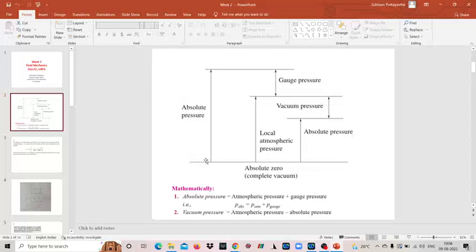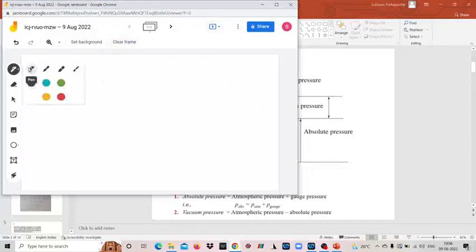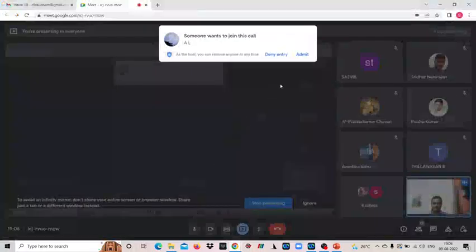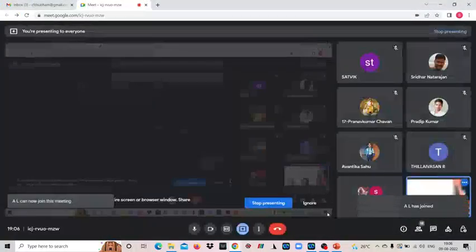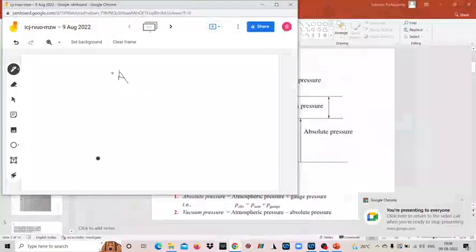Say you are measuring the pressure at some point A. There are different ways you can consider different datums or different reference levels.